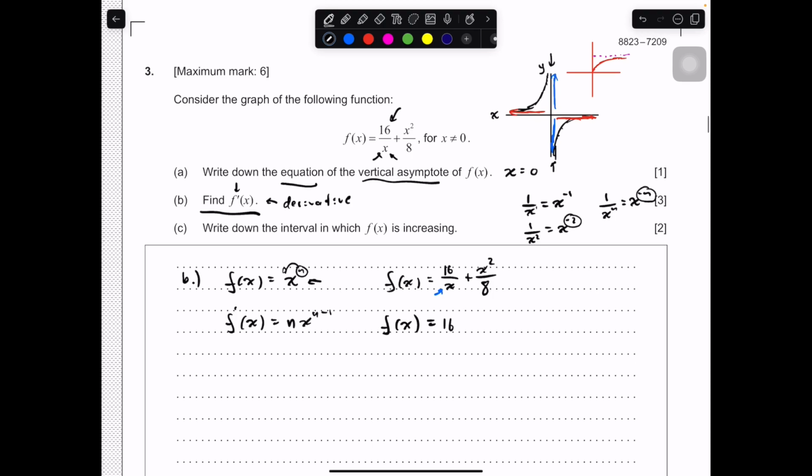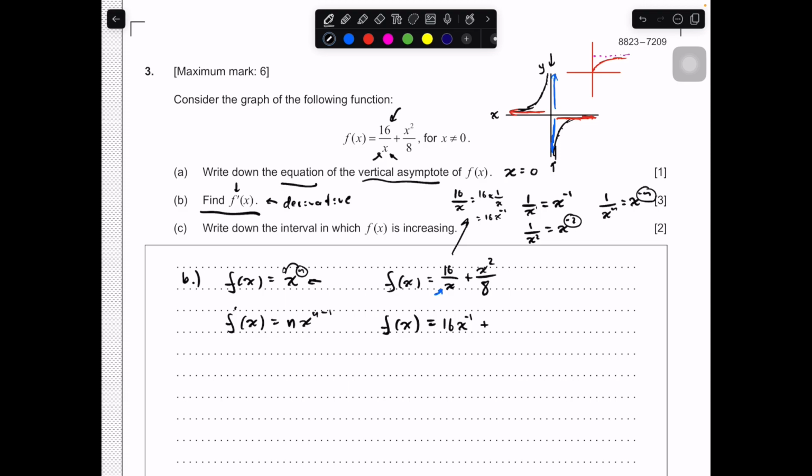Kind of a helpful way to remember. So 16 over x becomes 16x to the negative 1. And one last thing, I hope I'm not going into too much detail here, but 16 over x is the same as 16 times 1 over x, which is then equal to 16x to the negative 1. That's how that works algebraically.